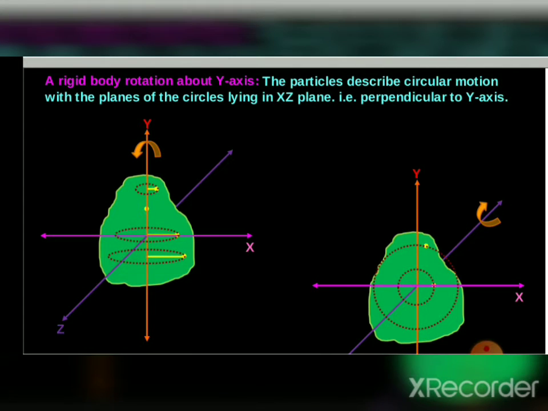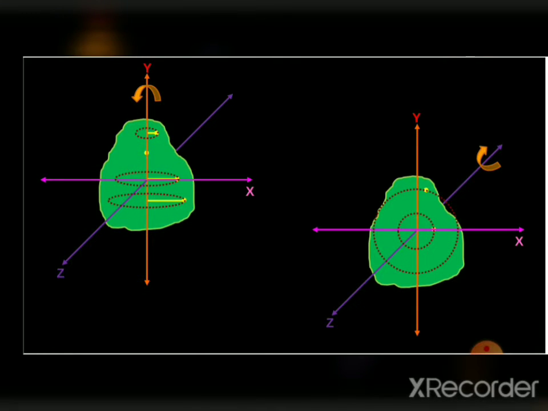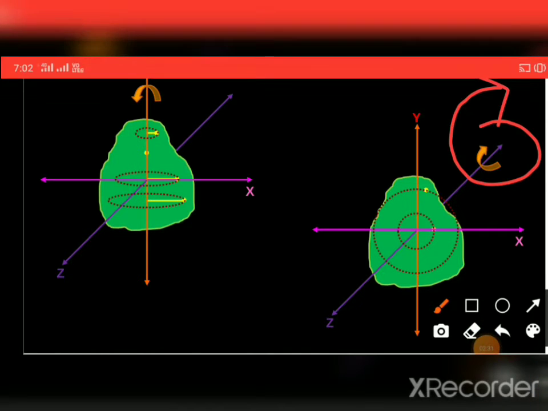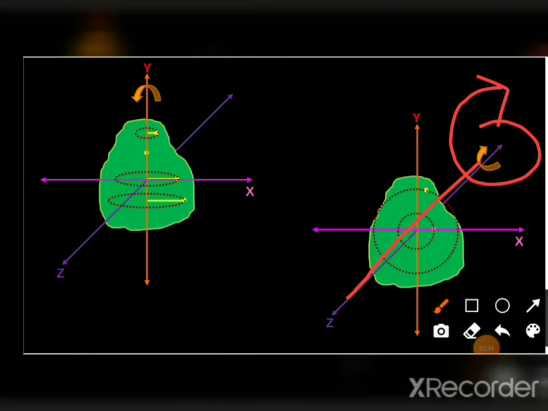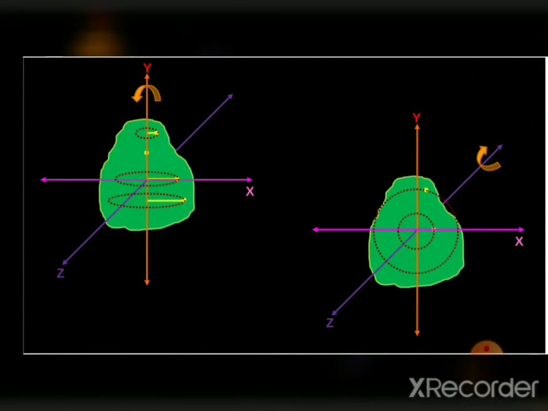Now if a rigid body is rotating about the y-axis, the particle describes a circular motion in a plane lying in the xy plane, that is perpendicular to the y-axis, as you can see on the screen. Here the rotation is here, so the particle is moving in this direction.